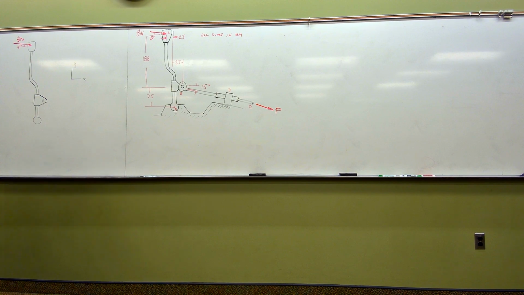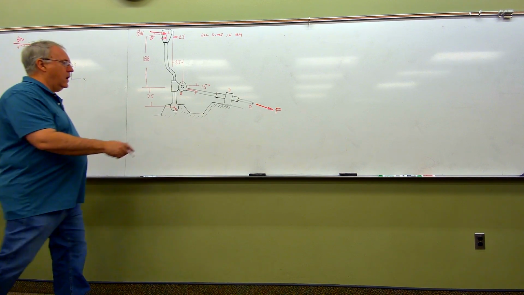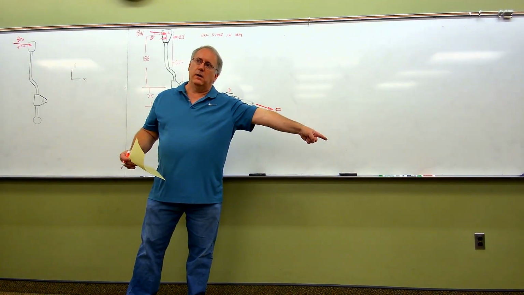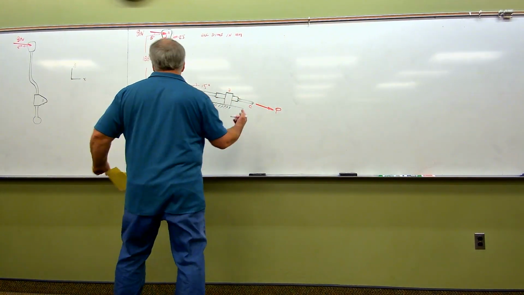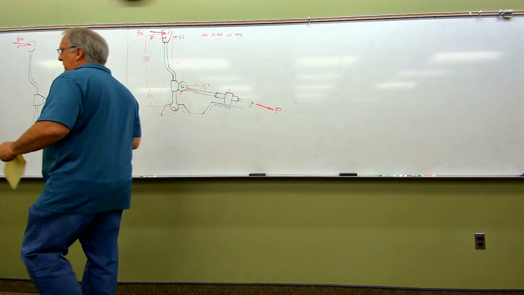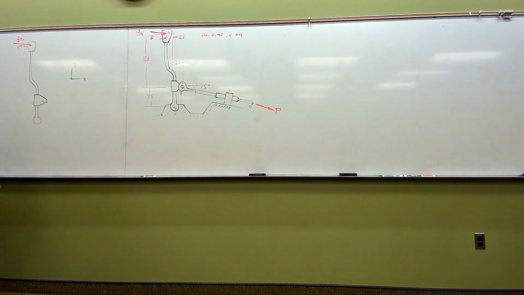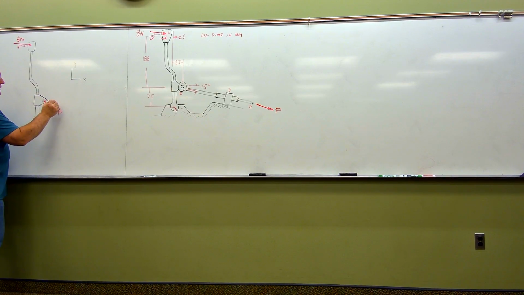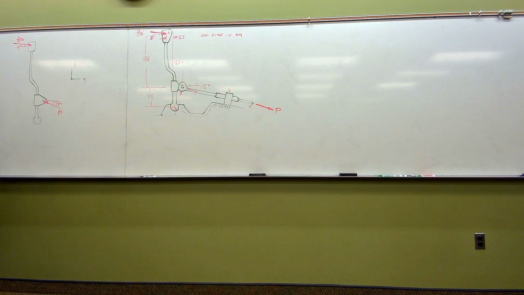But what's important here is to realize that if force P on this rod is shown going that way over here, then it must be shown as equal and opposite over here. If it's not shown as equal and opposite, the problem will not come out right. So I'm going to show the force P right there with the same 15-degree declination angle here as that, and that's the only force I've got on that pin. It's the only force I can have on that pin.